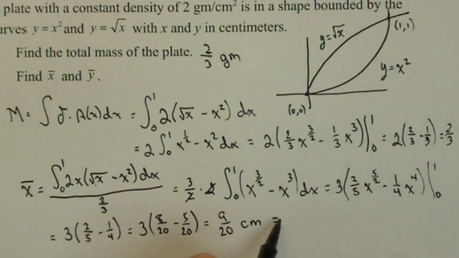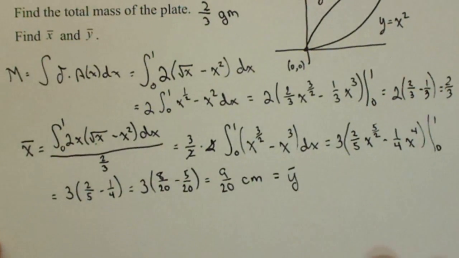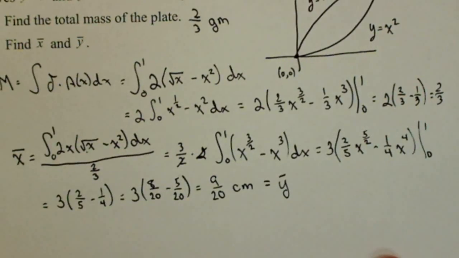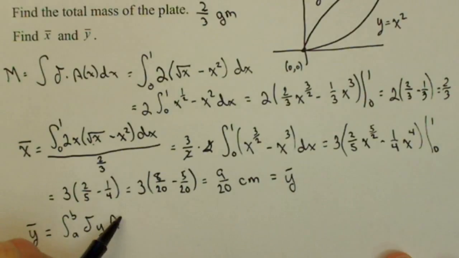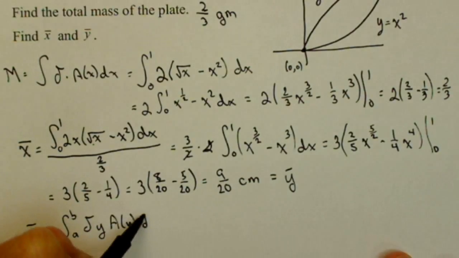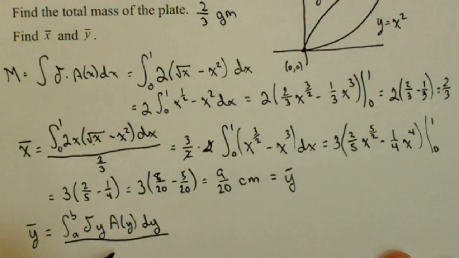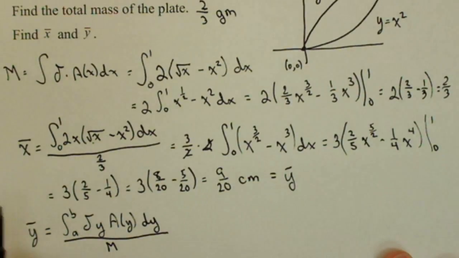Now, it is going to end up being the same as y bar because of symmetry, but let's just say we didn't know that for sure. The way we would set up y bar is we'd need to do the moment for y. Let's just do it in general here. It would be delta times y times the area in terms of y, dy, over the total mass, which again we've already calculated.